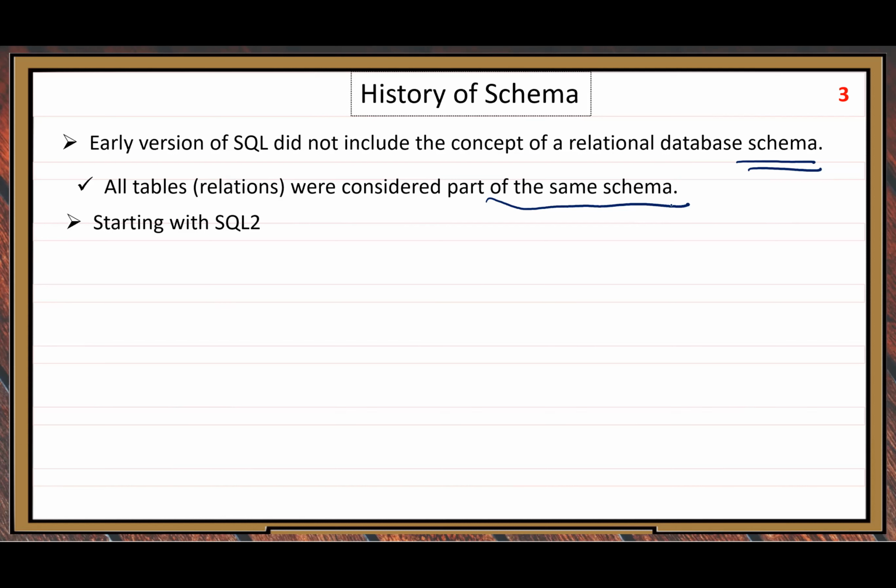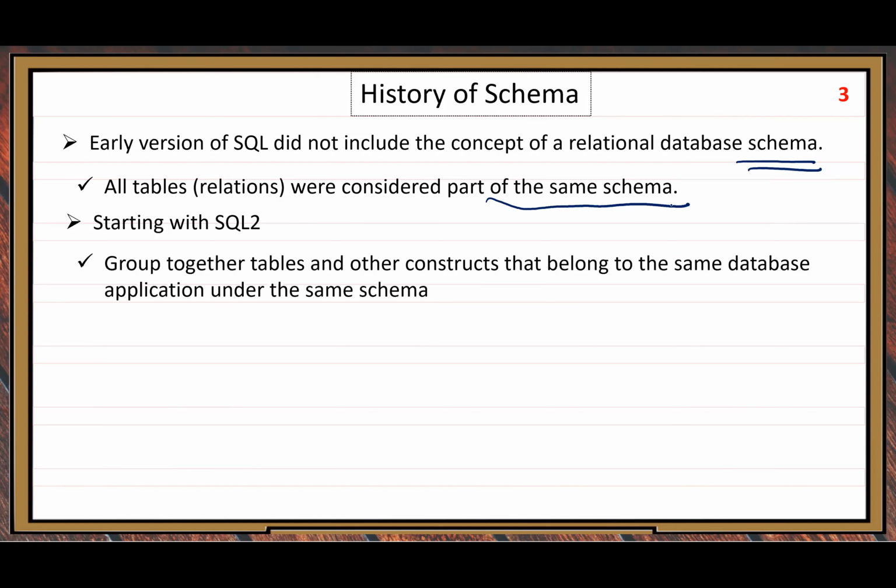So let us look at the improvement, starting with SQL version 2. The researchers changed the structure to group together tables and other constructs that belong to the same database.